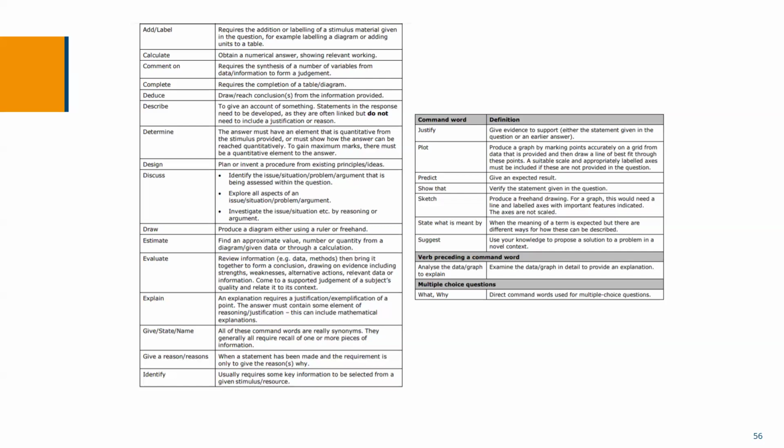And if you're asked to describe two things, then surprisingly, you need to describe two things. You don't have to explain them. If in a describe question you go, this happened because, you'd only get one mark because you're asked to describe two things. So understanding command words is very important to exam technique. There's an excellent definition of every one. As I say, I would take that out of the spec and give it to the kids.